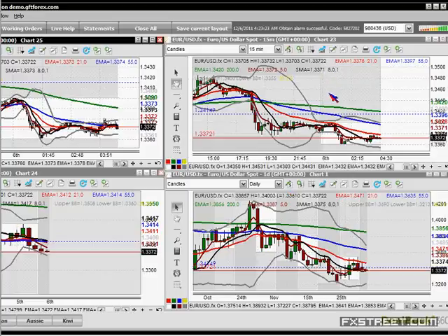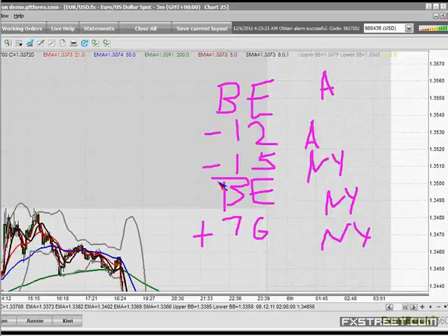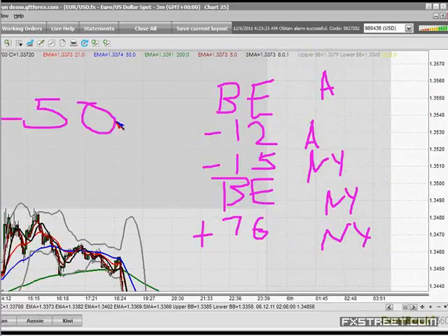So this could be like Asia, New York, and then late New York, things finally go their way. And suddenly your day is sort of plus 50. And it's like, oh, that's not too bad.